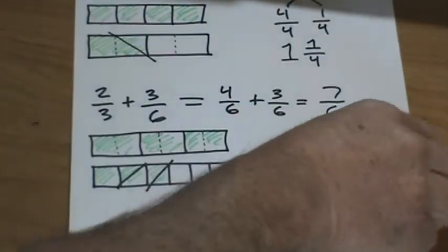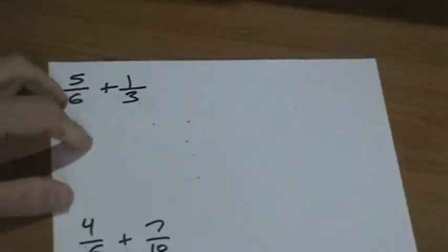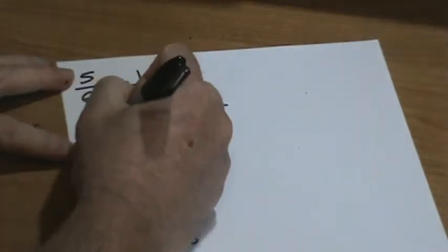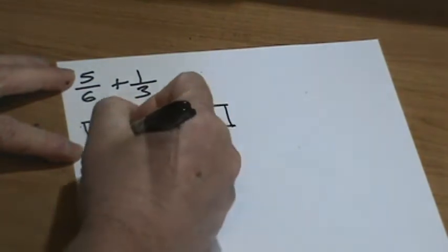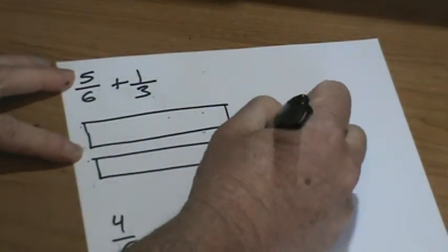Okay, let's continue on with letter C. We have 5/6 plus 1/3. Let's get started on that. So we're making two tape diagrams.